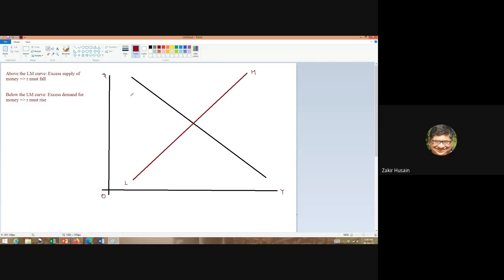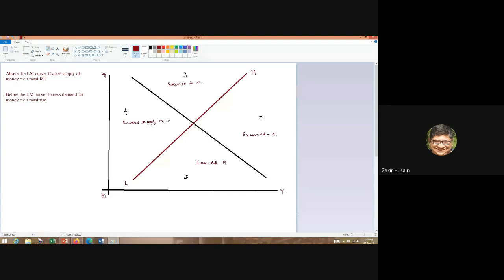Okay. So if we consider points, let us call them A, B, C, and D. Above the LM curve, we have excess supply in the money market, and below it we have excess demand.